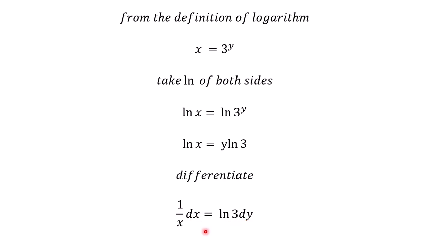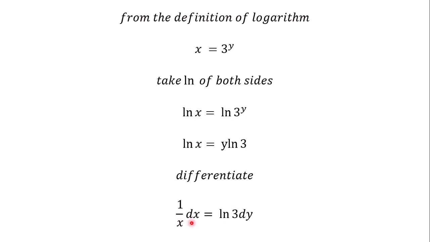Now here we need to get dy over dx, and that will give us the answer that we are looking for. So to do that, we have to multiply through by x, and that will take away this 1 over x.